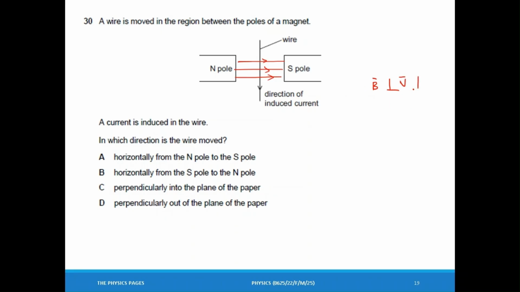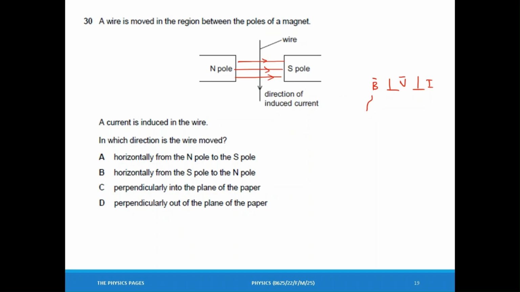The magnetic field is our first finger. The induced current, sorry, the force, the current will be in the middle finger. So the speed will be from the thumb.